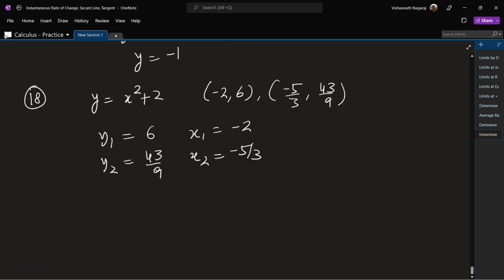And remember the same regular thing. We have to find the secant line between these two and the tangent at minus 2, comma 6.